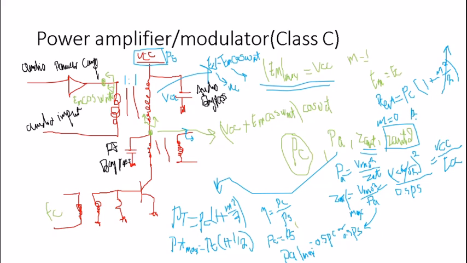So the power of the output is calculated by V output RMS, which is here, squared, divided by Z output, which we are trying to find.